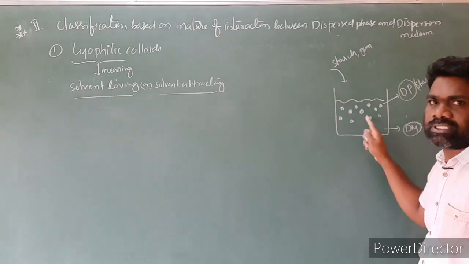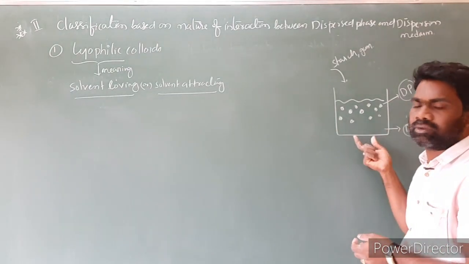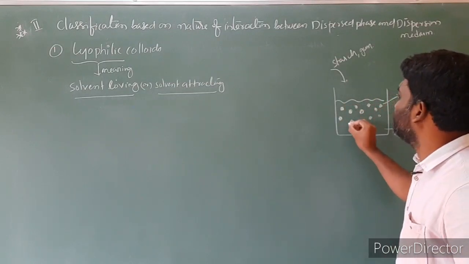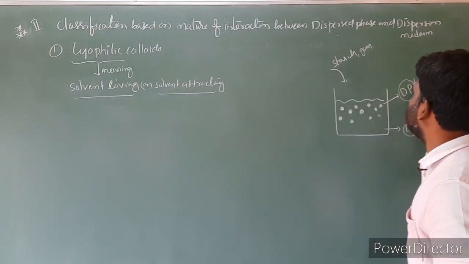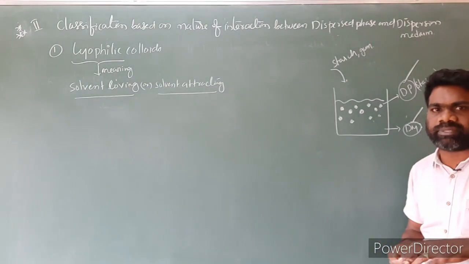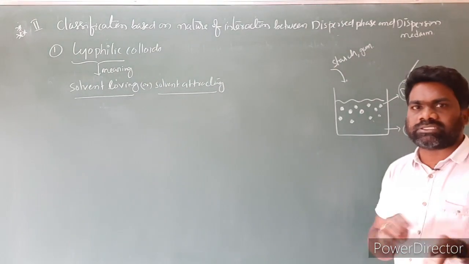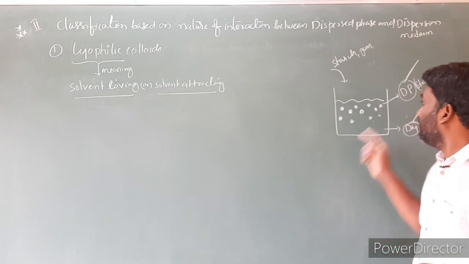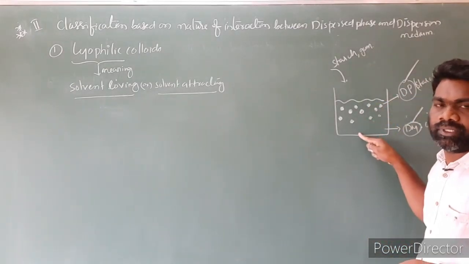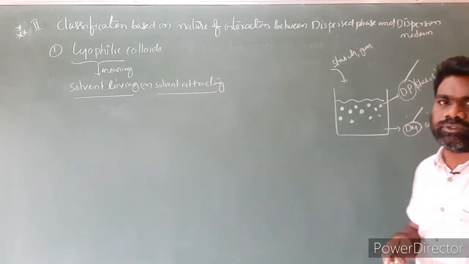If the starch molecules are completely removed from this colloidal solution, I am separating the dispersed phase and the dispersion medium. After separation, if you again add the dispersed phase to the dispersion medium, the colloidal solution automatically gets formed.